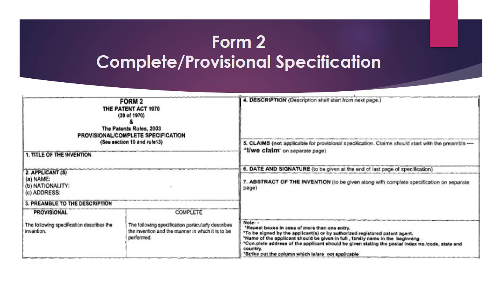So see, you can see the title of the invention, applicant details, then preamble. Here preamble means you have to decide whether you are going for provisional or complete. So in the preamble section you write whether you are going for provisional or complete. Then in the description you have to give a detailed description of your invention.